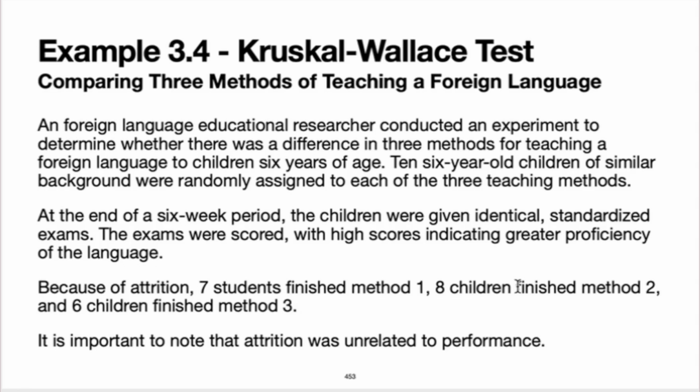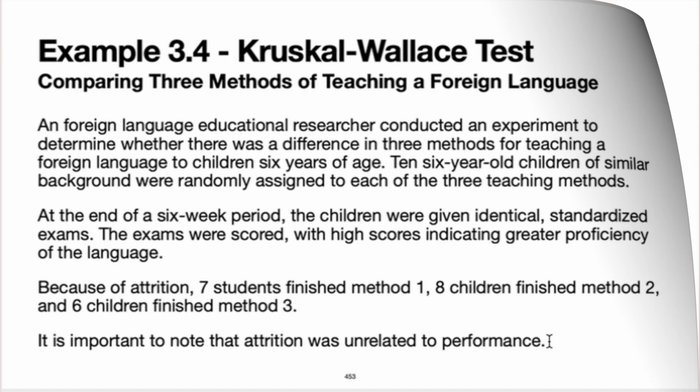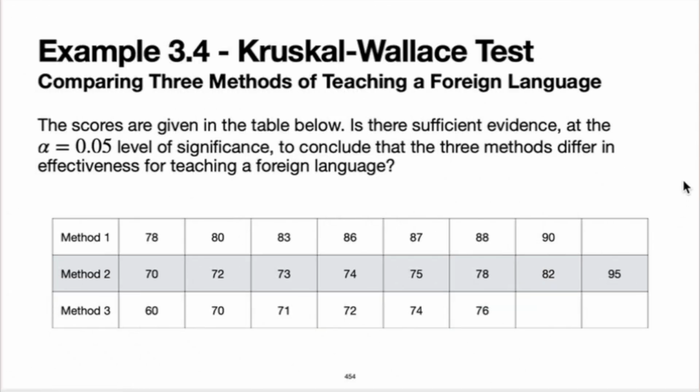Students dropped out for whatever reason. We are assuming here that the attrition was not related to performance. That's important to be true for this analysis to be valid. So 7 students finished method 1, 8 children finished method 2, and 6 children finished method 3. The scores they received are given in the table below.